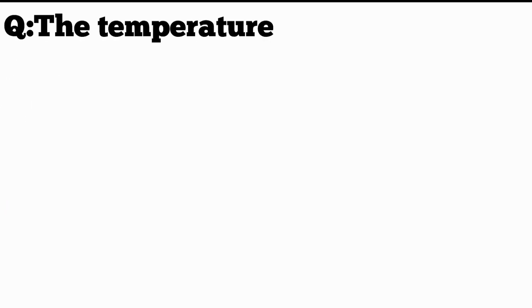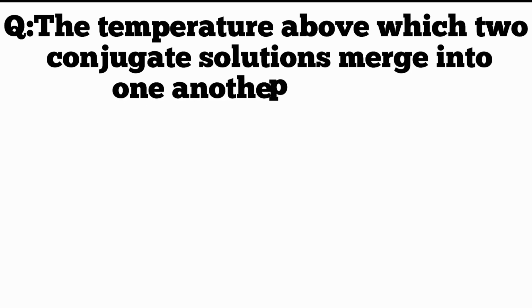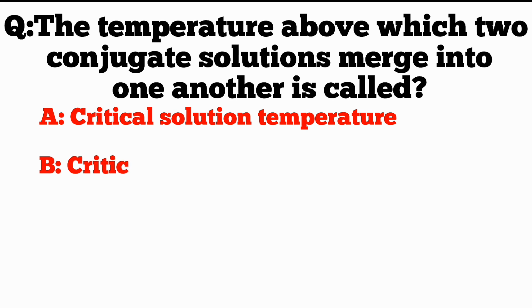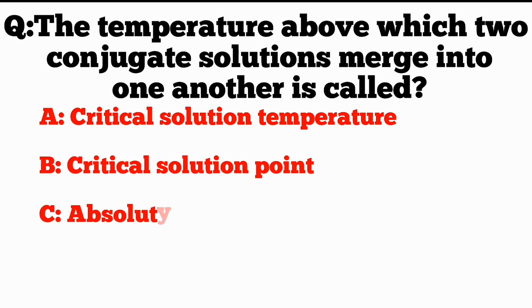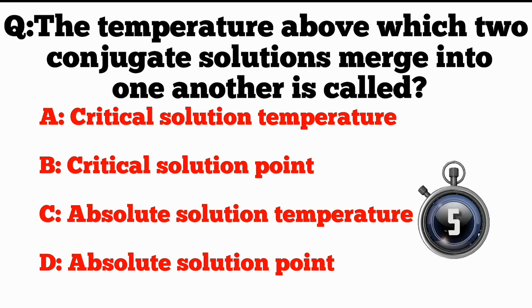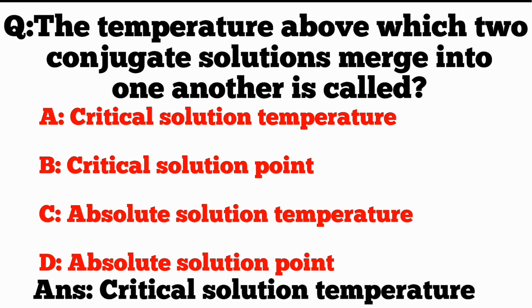Q. The temperature above which two conjugate solutions merge into one another is called A. Critical solution temperature. B. Critical solution point. C. Absolute solution temperature. D. Absolute solution point. Answer: Critical solution temperature.